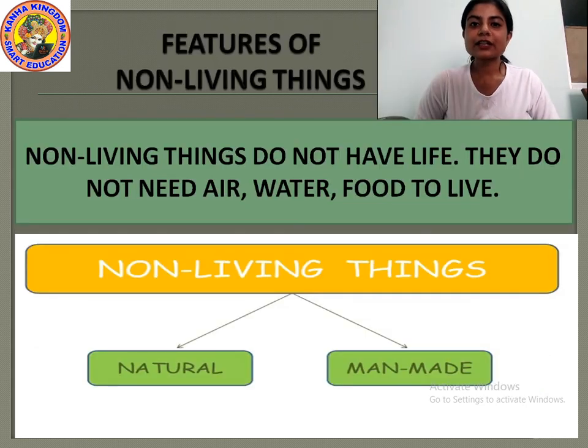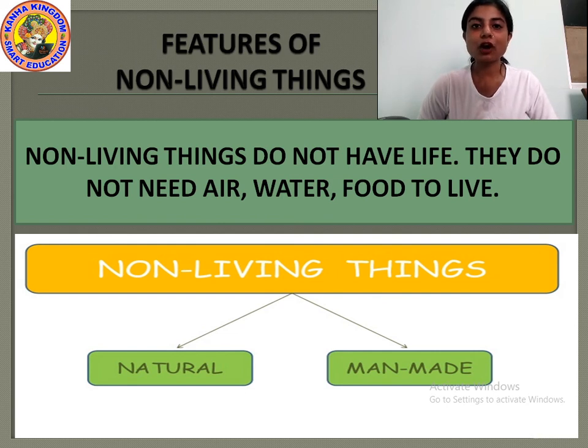Then what are the features of non-living things? Non-living things do not have life. I already told you, non-living things do not have life. They are not born. They cannot move or grow. Non-living things do not reproduce.